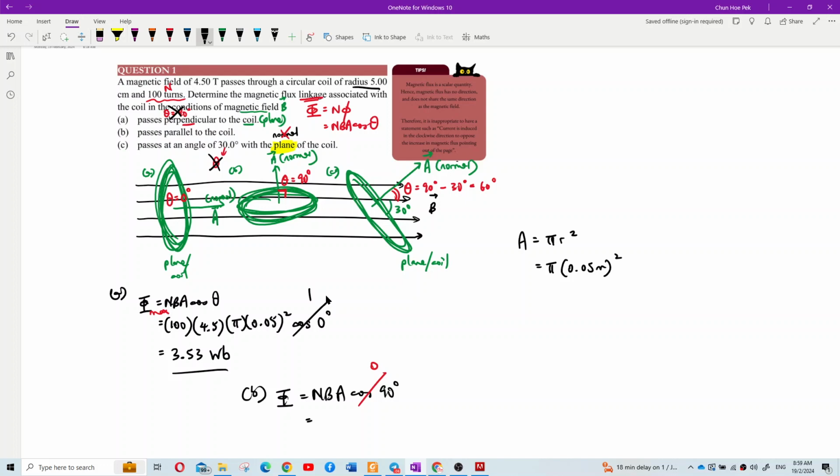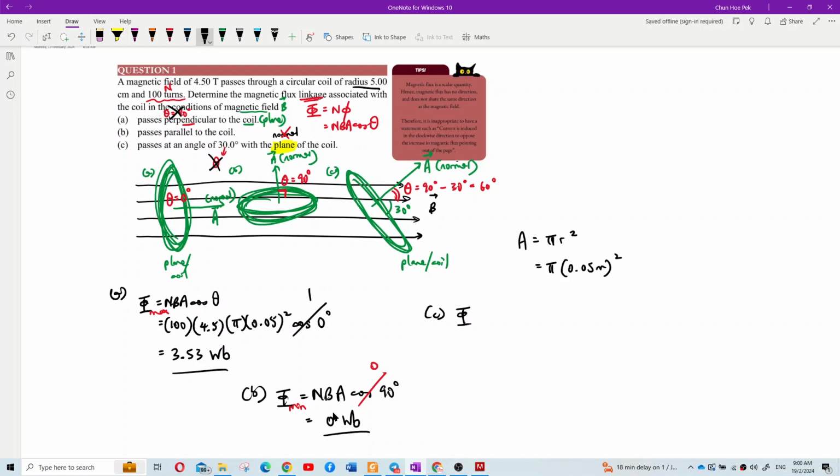When the plane is parallel to the field, theta is 90 degrees, because theta is taken with the normal of the area and the magnetic field. So you get minimum flux. No line passes through the area, so 0 flux.